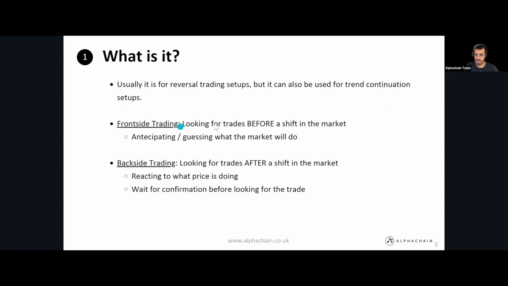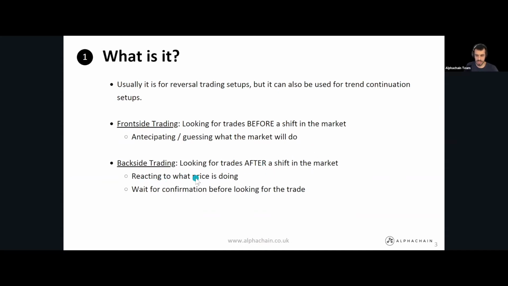Front side trading is for trades before a shift in the market, where you are anticipating or guessing what the market will do, while on the back side of trading, price is already reversing, so you are looking for trades after the shift has been done, after the high has been made and you're starting to look for shorts, or after the low has been made and now you're looking for longs.